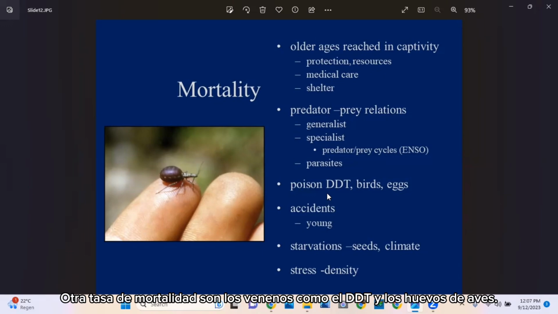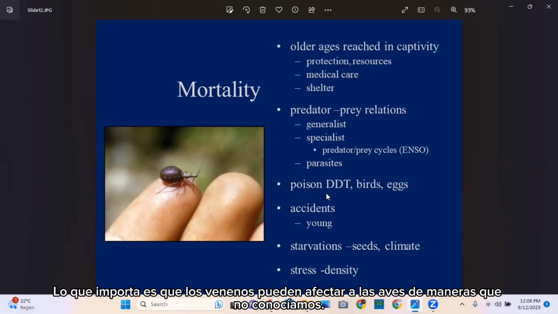Another mortality factor is poisons like DDT and bird eggs. Birds of prey in the 70s got DDT into their system from eating, I guess, rats maybe that were poisoned by it. I don't know the specifics. What matters is poisons can affect birds in ways we didn't know.